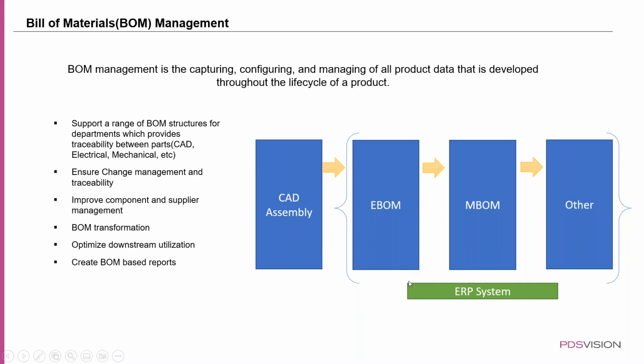Generally, the ERP system uses this EBOM, and in most cases some companies export that EBOM structure and use it in their ERP system. However, there are other companies who go to the next level, where the EBOM is changed to the manufacturing bill of material, the MBOM.